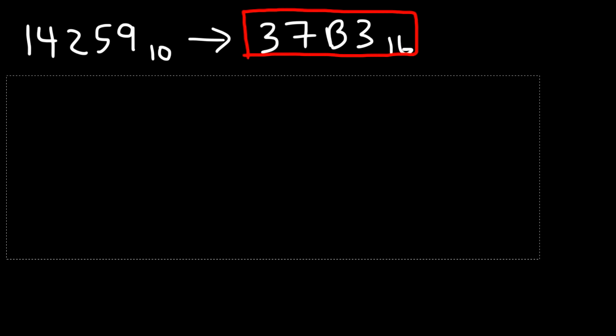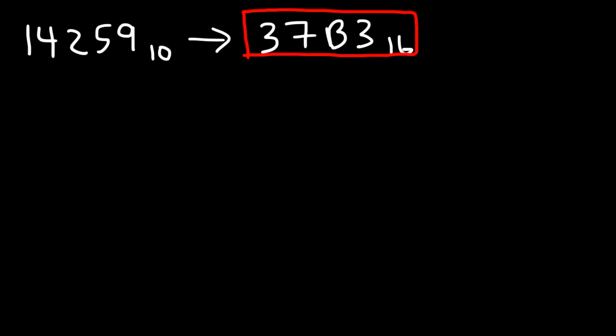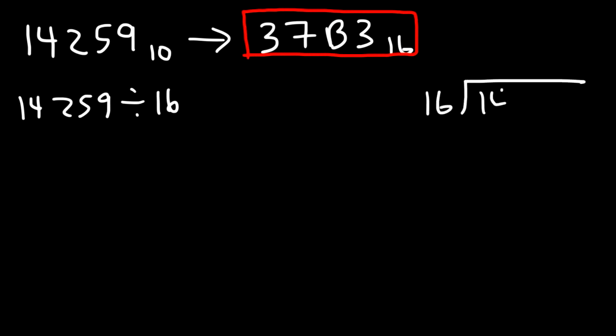Now let's do it without using the calculator. So we need to take 14,259 and divide it by 16. So let's do long division. Now if you wrote that list that we had earlier, you'll know how many times 16 goes into 142. 16 doesn't go into 14, so we have to use 142.